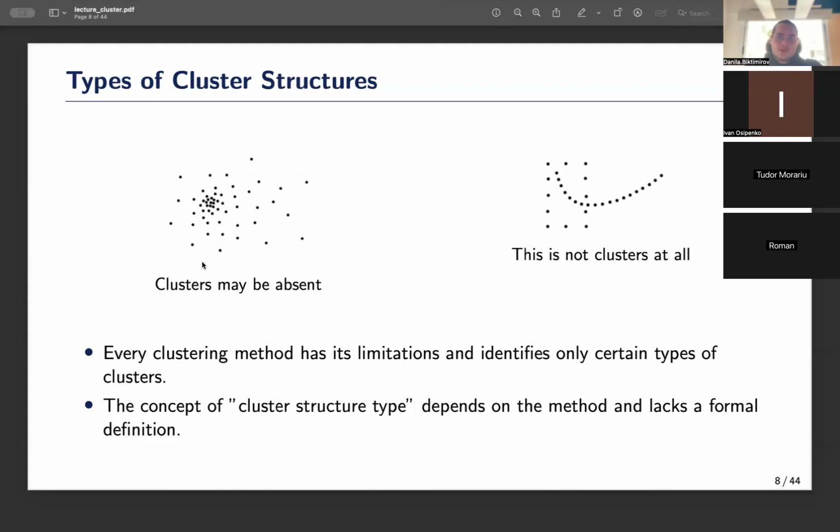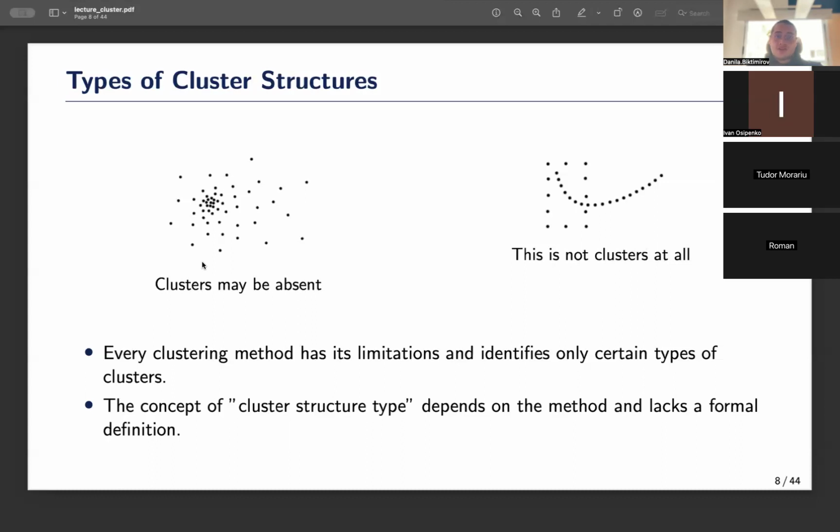And we can have no clusters at all. If clusters don't exist in the data, clustering should not be applied, and other data analysis methods should be used. When data doesn't naturally group, clustering is ineffective, and statistical analysis may be a better approach.